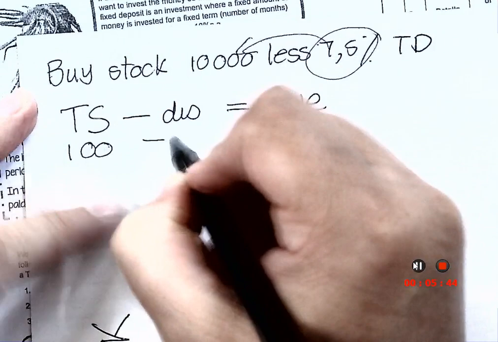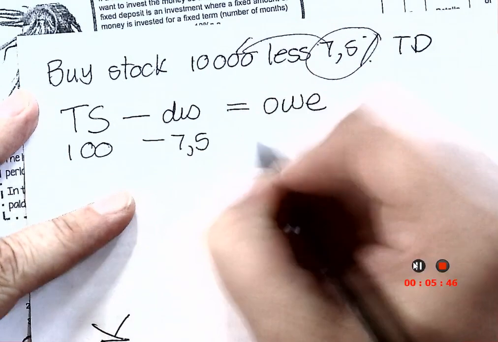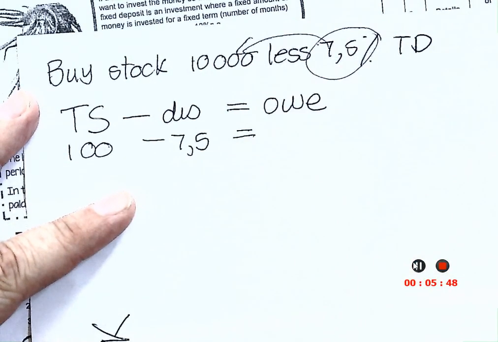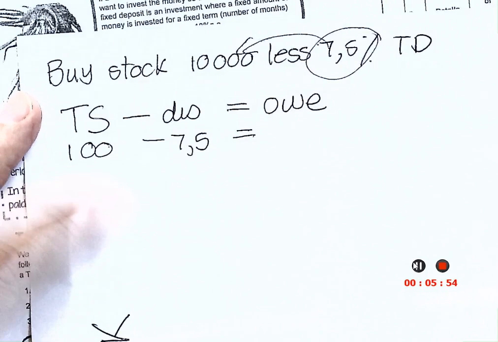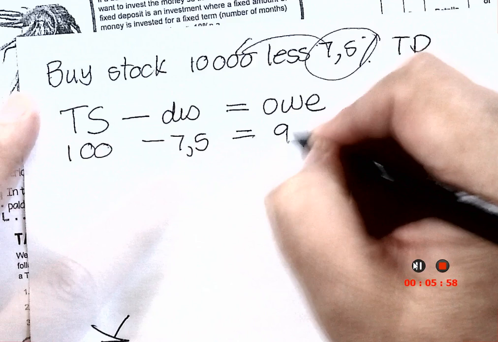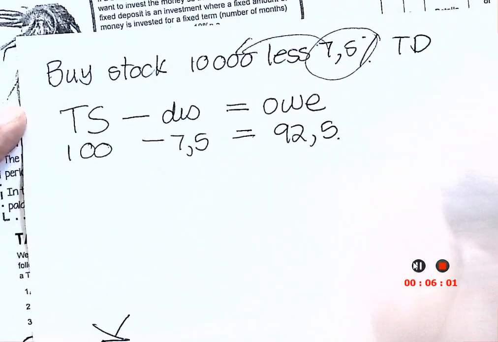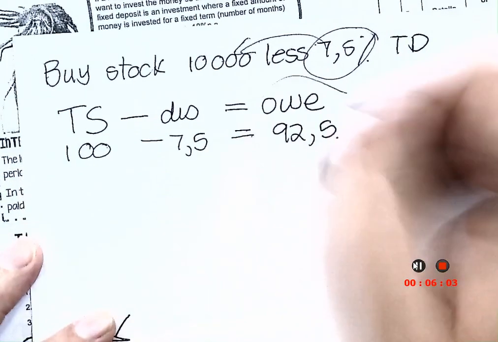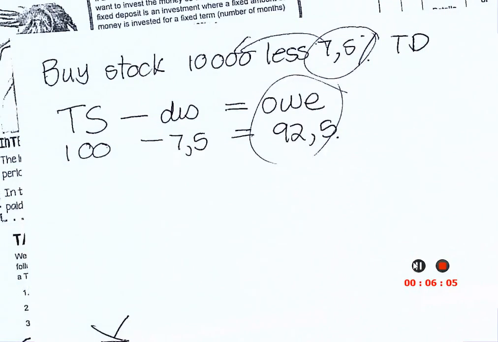So less the 7.5 discount. How much do I owe in the end? What's 100 less 7.5? 92.5. Now, calculate for me how much do I owe using UK.